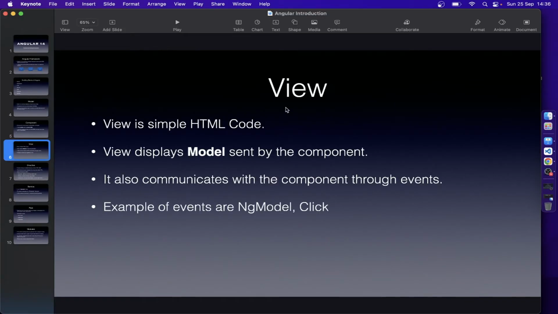Then we have the next building block, the view. So view is nothing but a simple HTML code. So here we can have a simple HTML code which includes div, h1, p tag, etc. And this view displays the model which is sent by the component.